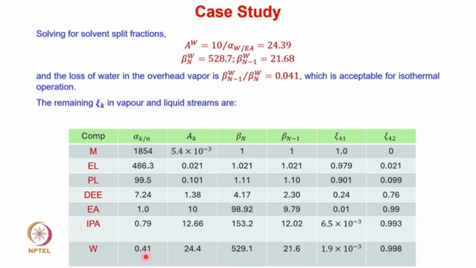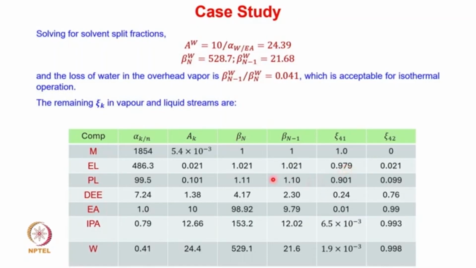Once we have calculated the relative volatility, we can calculate the constant AK, which is nothing but the absorption factor for the kth component. Also we can calculate Bn, then we can calculate Bn minus 1, and the split fraction in the vapor phase can be obtained as Bn minus 1 by Bn, isn't it?